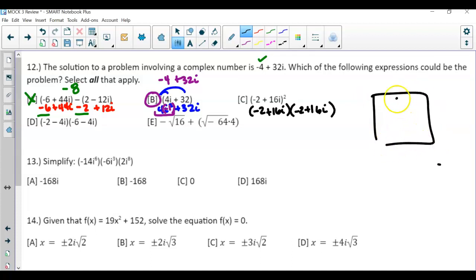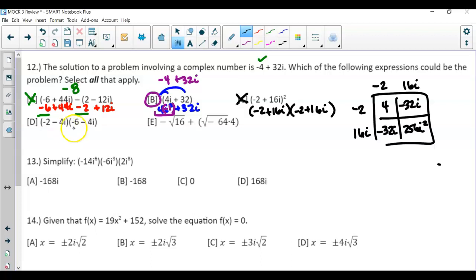So here I'm going to set up the box, or you could do FOIL, negative 2 plus 16i times negative 2 plus 16i. This is positive 4, negative 32i, negative 32i, and then 256i squared. So I can already tell before even combining and solving with the value of 256 here, I do not have negative 4 plus 32i. So C is not an answer.